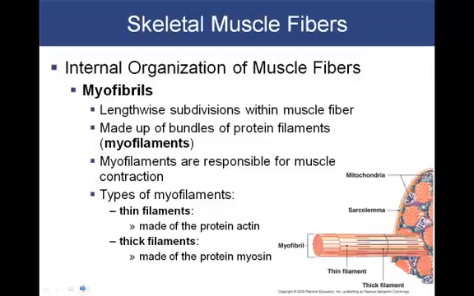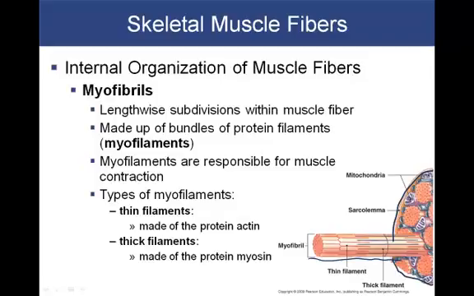The myofibrils, these are subdivisions of the muscle fiber. This is an entire muscle fiber here. Again, we see the sarcolemma. I don't see any T-tubules right now, but they're in there as well. And these lengthwise subdivisions are the myofibrils. And the myofibrils are composed of mainly two protein types.